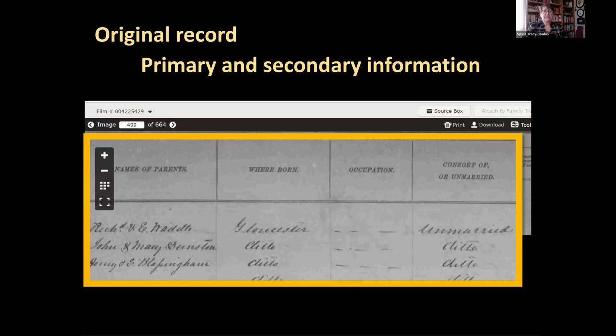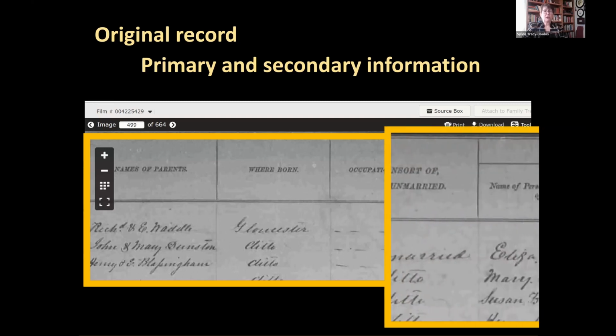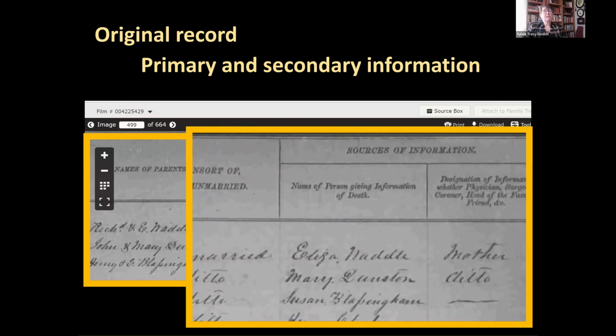So, this death record, we have the name of the parents, we have where the person was born, and whether they are a consort of or unmarried as a category. All great information about the person who is deceased, but we need to look and see who is the one supplying that information to know how much we can depend on it.